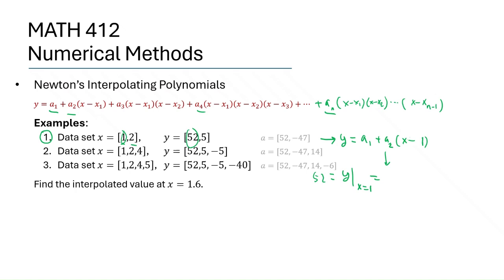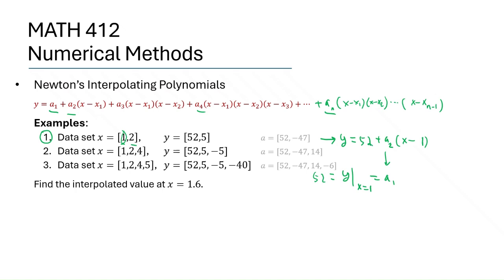So it's 0, and that's just a1. So a1 is always y1. So therefore a1 is 52.